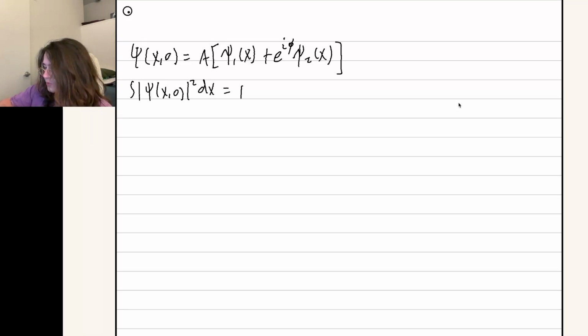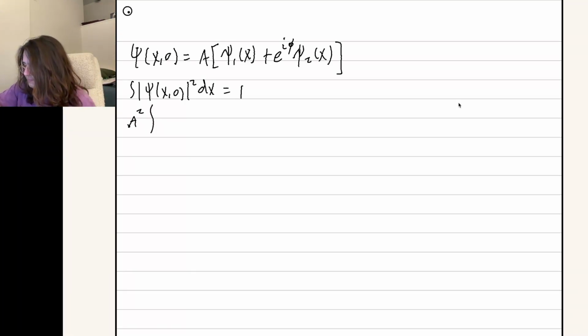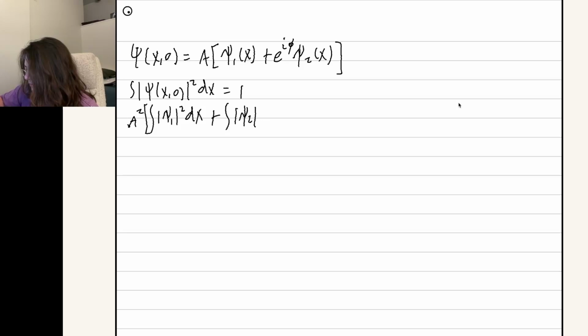Just expanding the square, I'm going to factor out an overall A squared. We have the integral of the mod squared of the first wave function plus the integral of the mod squared of the second wave function, just like before.